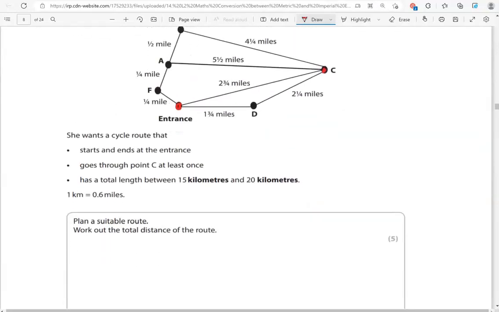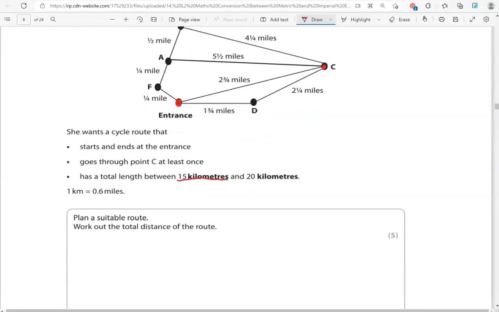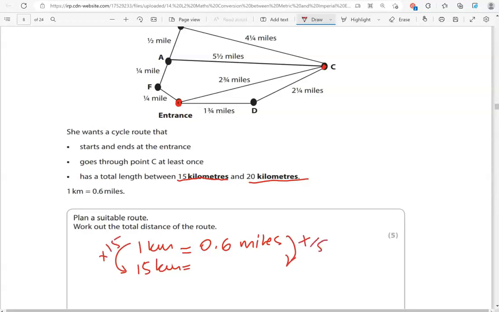So what we need to do is work out what the 15 kilometers and the 20 kilometers are equal to in miles. So if 1 kilometer is equal to 0.6 miles, what about 15 kilometers? To get from 1 to 15, we multiply it by 15, so we need to do the same on the other side.